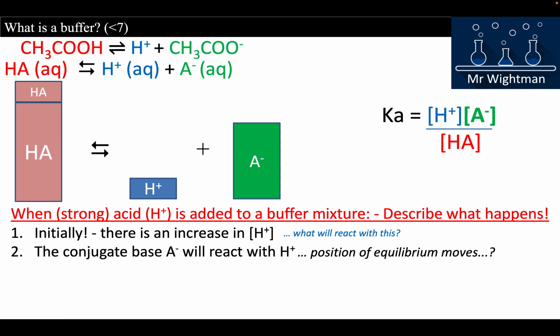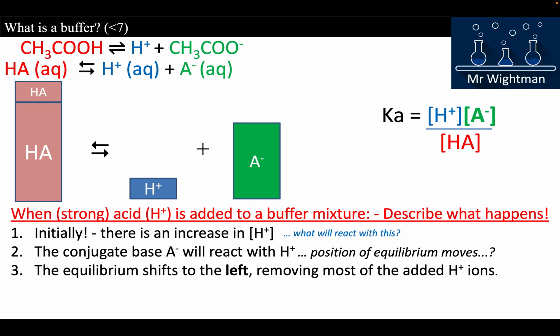And so, not to scale, HA would relatively be similar to A-, but the important thing here is the H+ concentration and thus pH has remained approximately constant. There'll be a slight variation in the change of pH, but the H+ ion concentration is resisting the drastic changes we added.